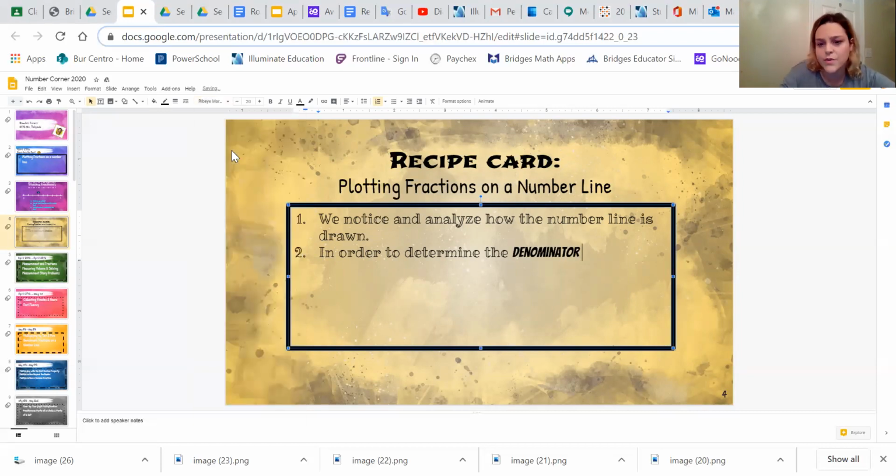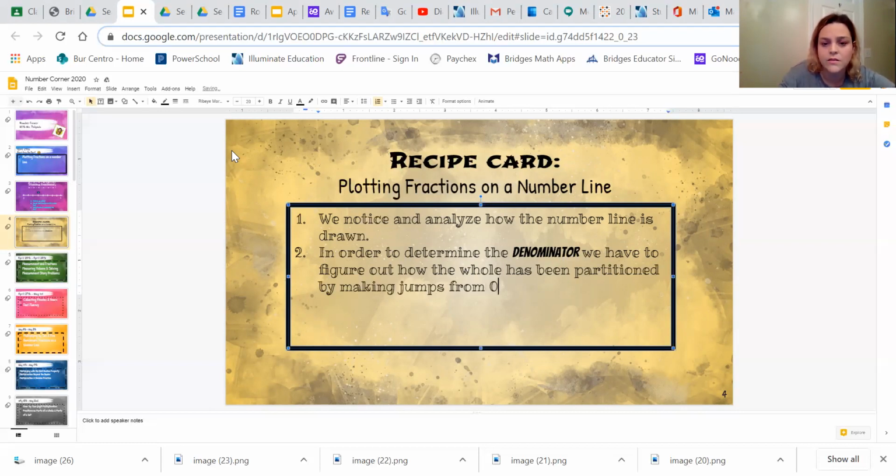In order to determine the denominator, we have to figure out how the whole has been partitioned by making jumps from 0 to each tick mark on the number line until you get to 1, right?